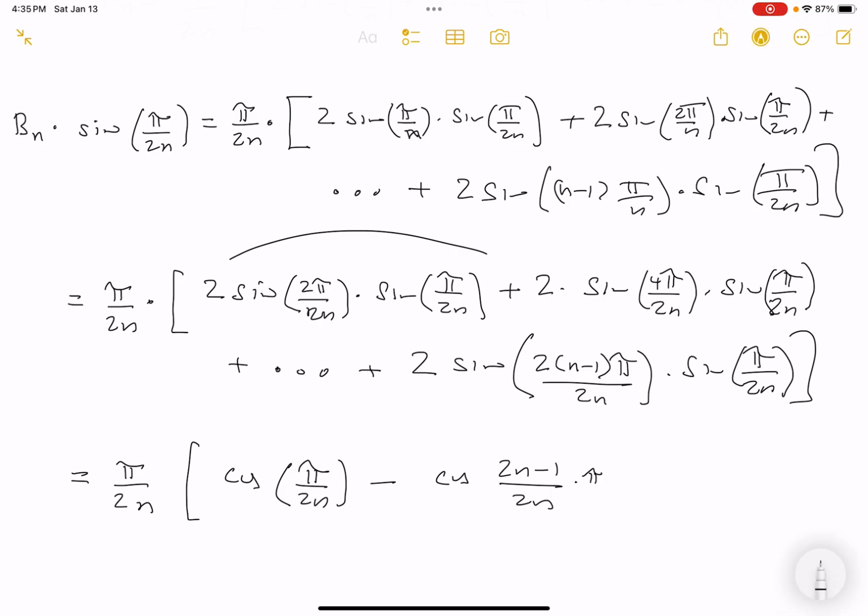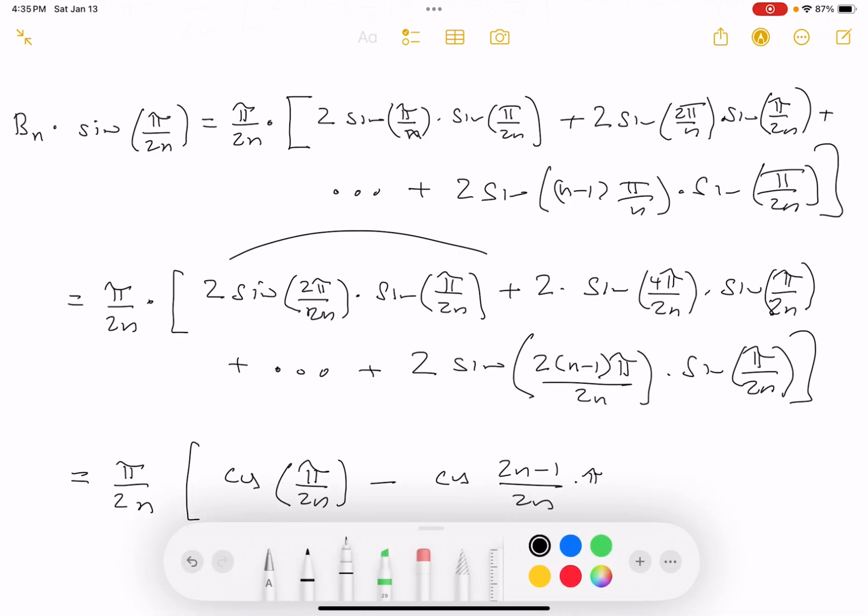You know, I'm going to write that a little differently. Let me just get my eraser out, and write that down a little differently. So I'm going to write it as (2n minus 1) times pi over 2n. All right.